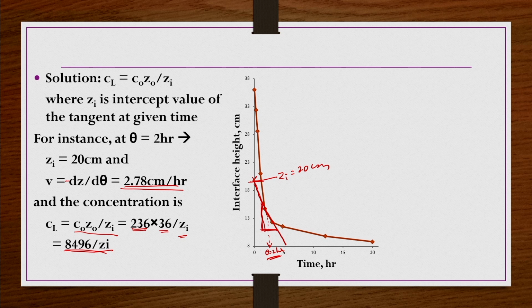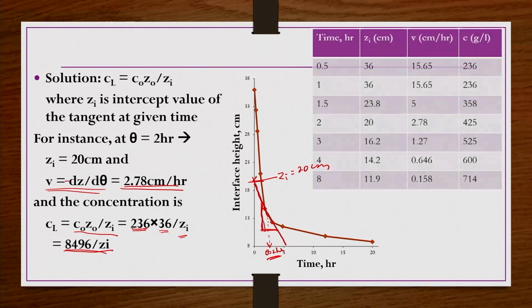Now for different time intervals, you find out different zi's and substitute here. So, you will get the CL information with respect to time, and the slope of those tangents at different time intervals is nothing but the V information, the settling velocity of the particle.